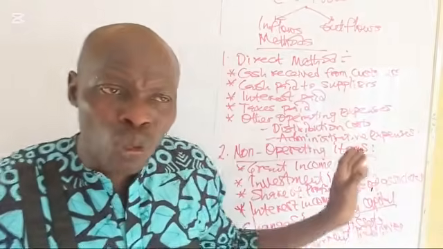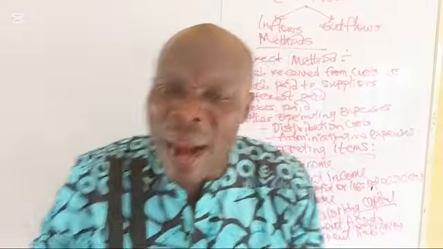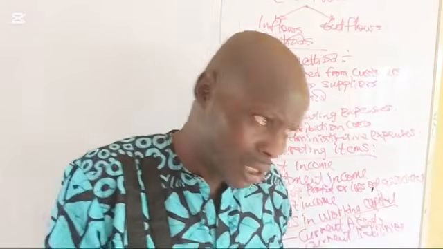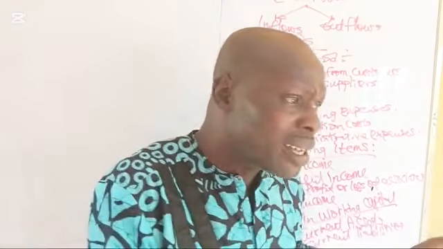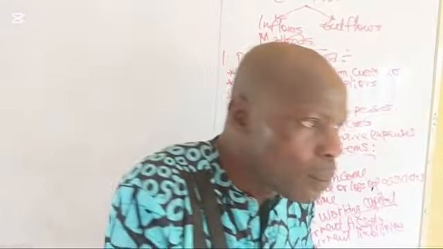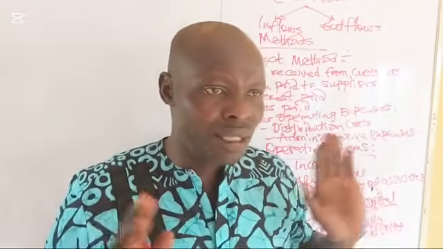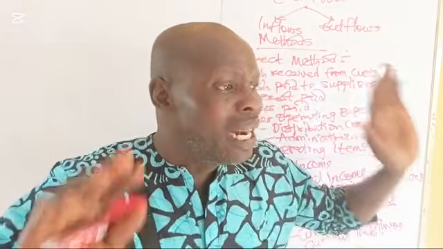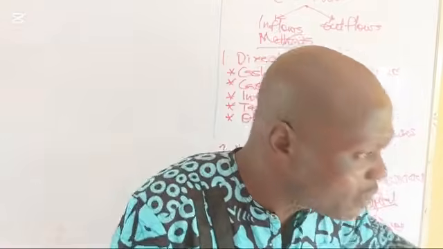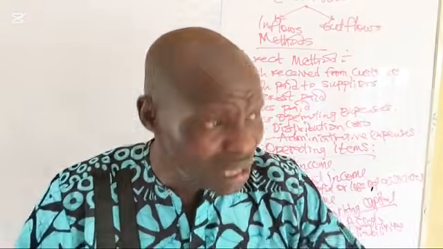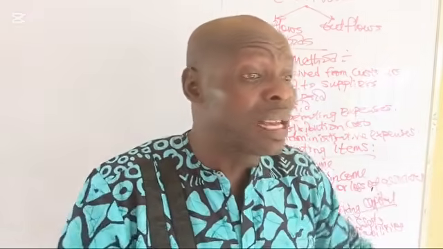So these are the 2 methods of preparing statement of cash flows. The only area of difference between the 2 methods is what? Operating activities. That is the only area of difference between the 2 methods.